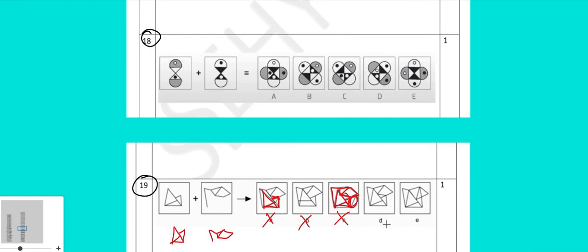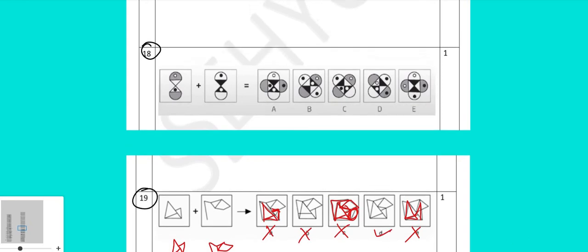D could be our answer, but let us look at E as well. So it is 1, 2, 3, 4, and then here the line is too long, therefore E is not our correct option here, making D our right answer.